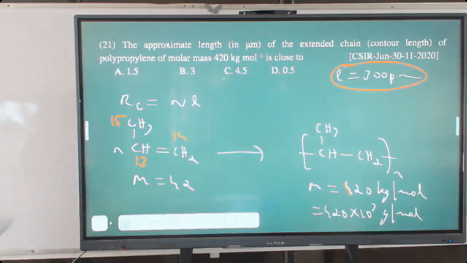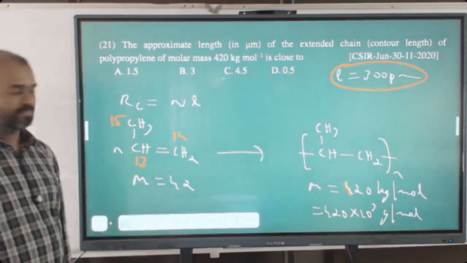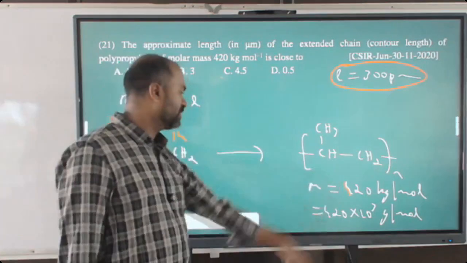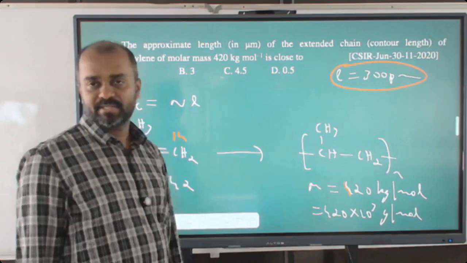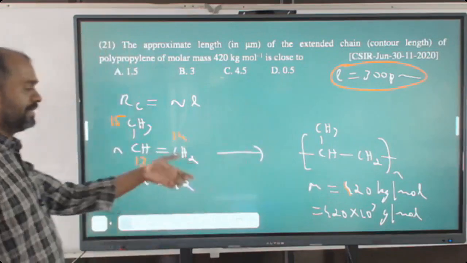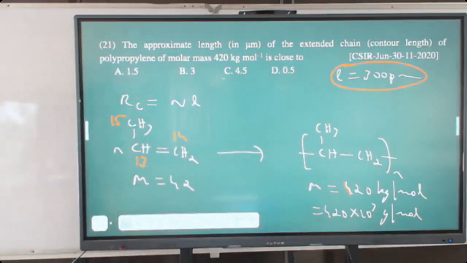Then how can we find the number of monomers? The mass of one monomer is 42. The mass of the full polymer is 420 into 10 to the power of 3. Then how many monomers will be there in the overall polymer?